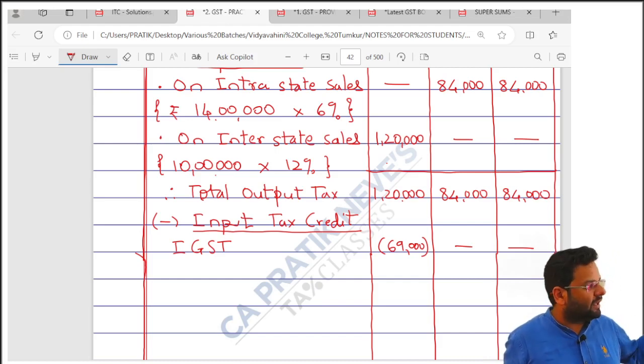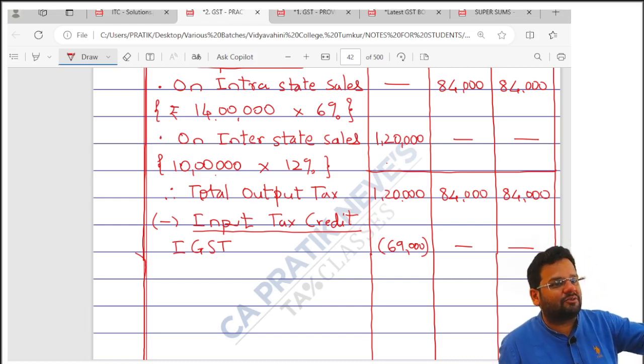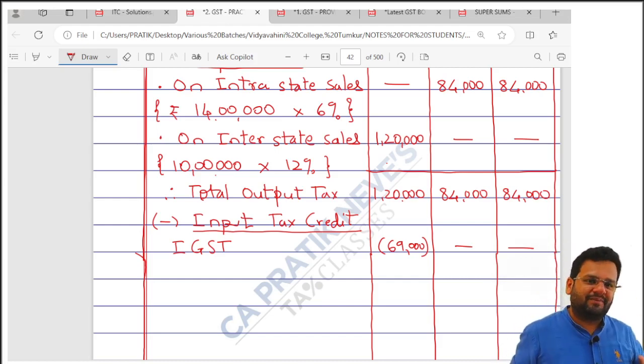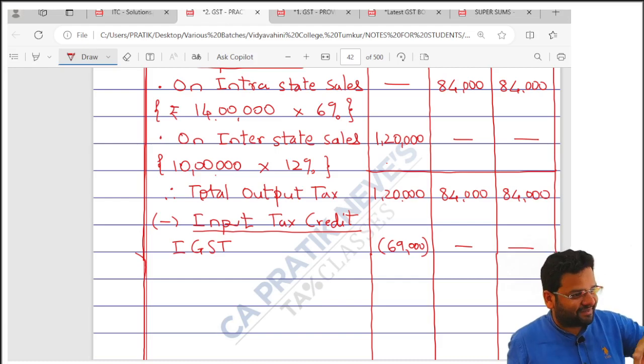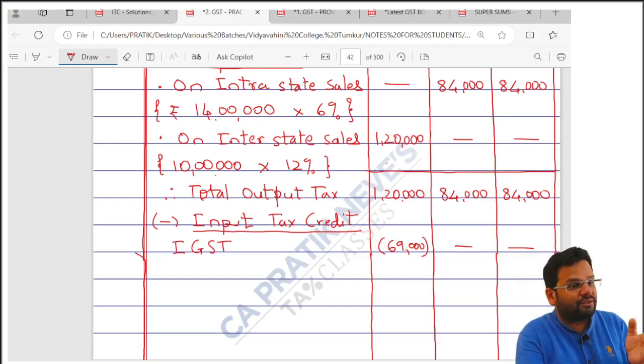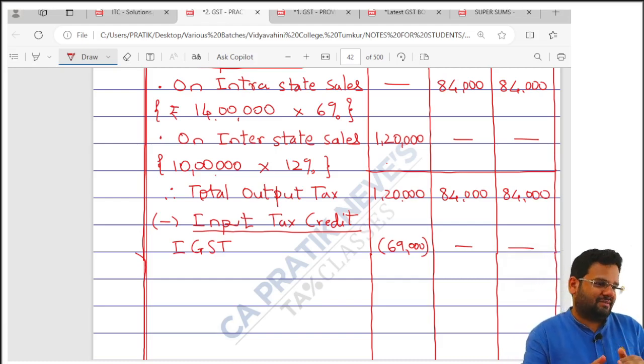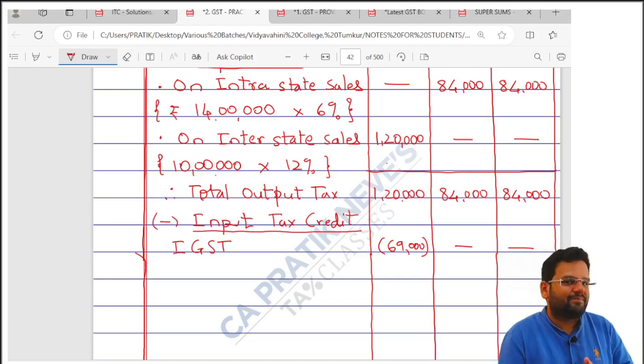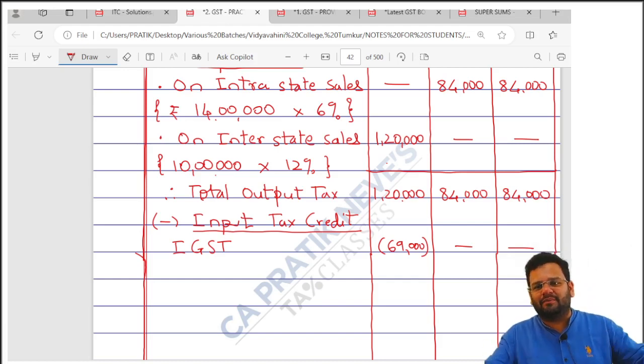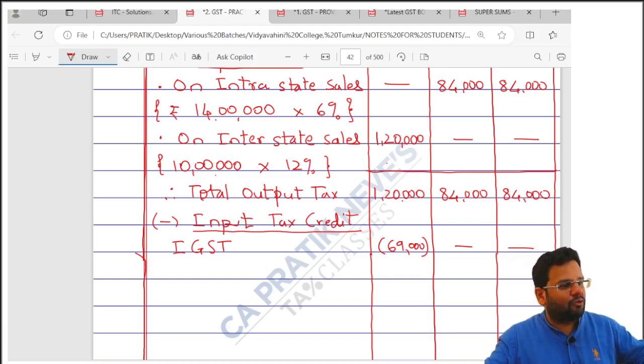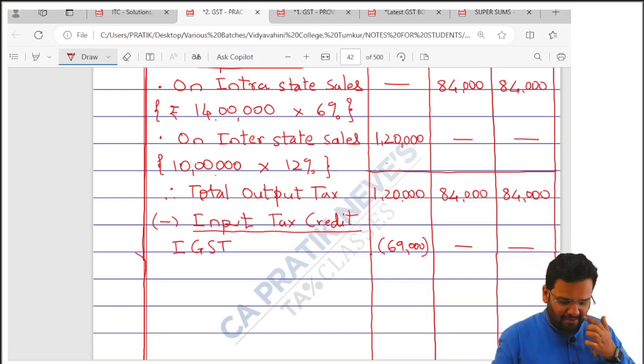Observe, output tax of IGST was 1 lakh 20,000 and ITC of IGST is only 69,000. If ITC of IGST was say 1 lakh 30,000, then 10,000 would have been balance and we would have been able to use it for C and S. But there is no such possibility.